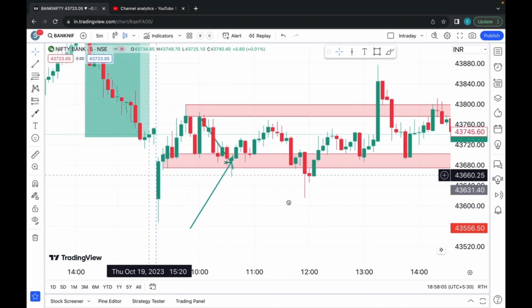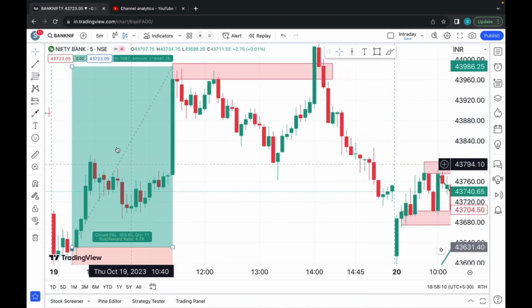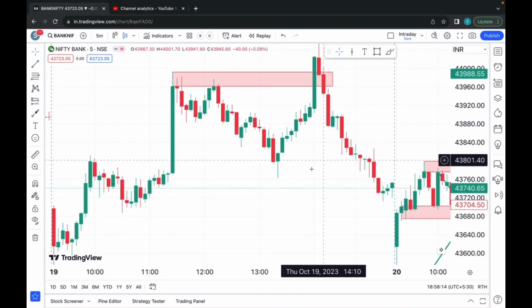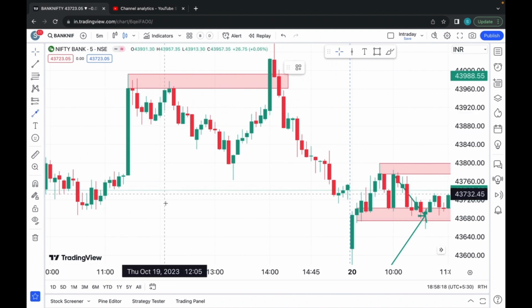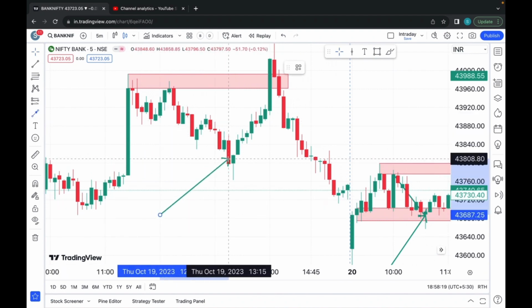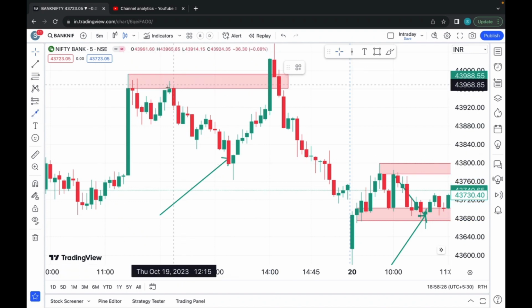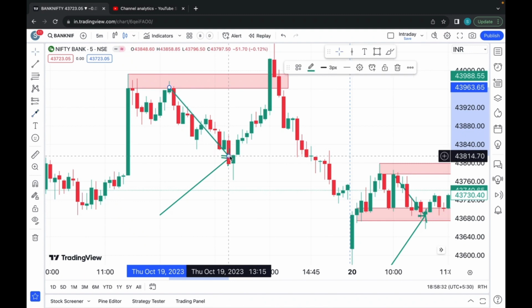And let's see, so I'm deleting all of our previous trades here. Okay, so now notice this candle. It has an upper body, and the wick is at least two times of the real body, and it is coming after a downtrend, and it doesn't have any major wick on the upside.